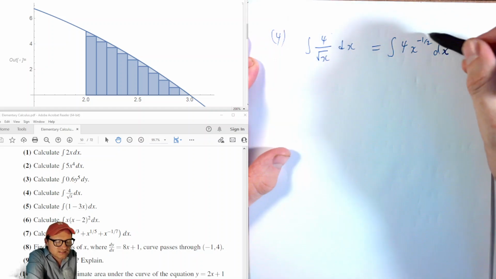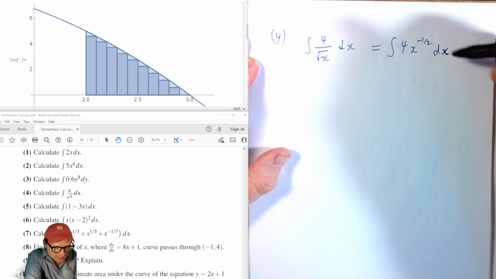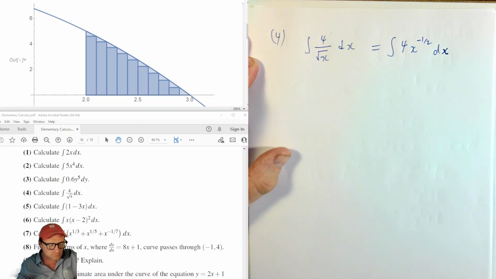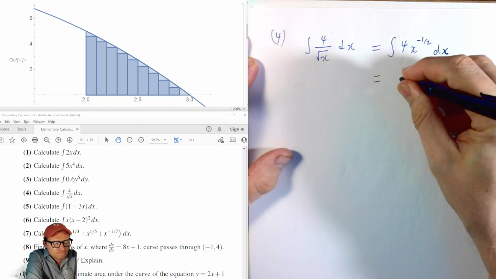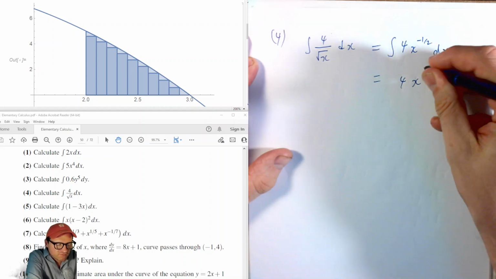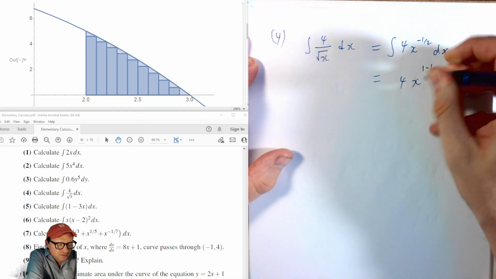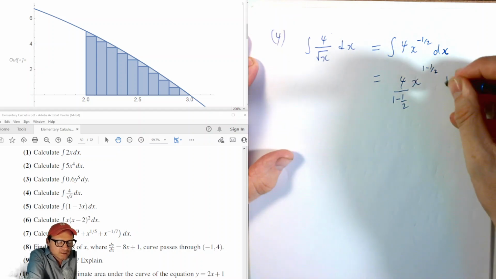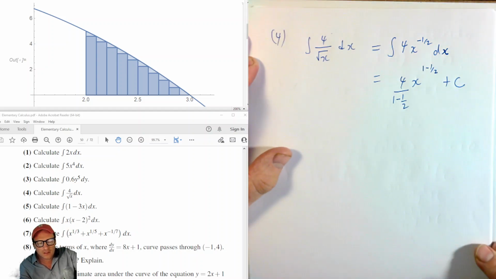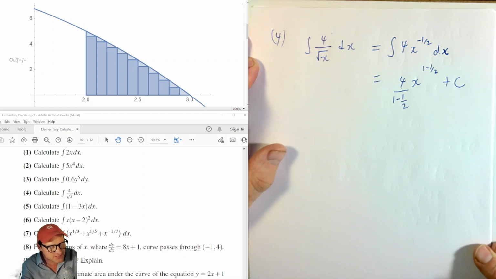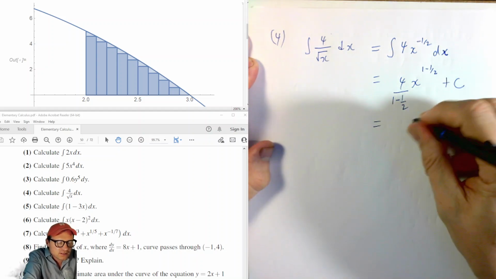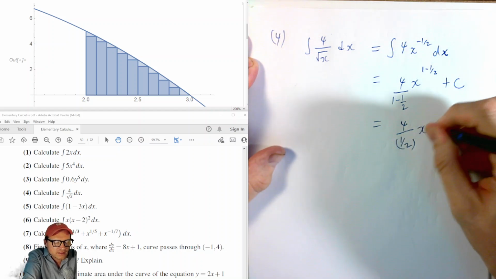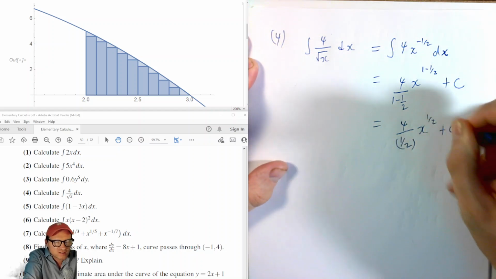Since minus a half is not equal to minus 1, we add 1 to the exponent. So we have 1 minus a half, and then we divide by that new exponent, and we add c. 1 minus a half is a half, so we have 4 over a half, x to the power of a half, plus c.